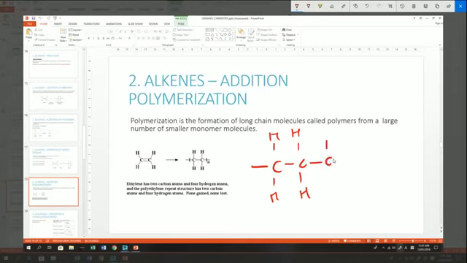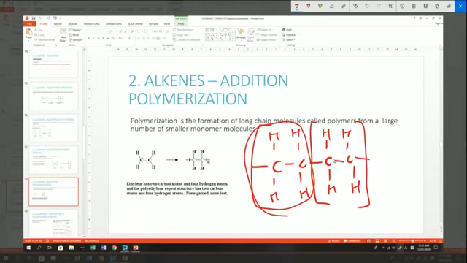So for example, like this, and this is another ethene molecule that is just breaking apart its double bond, and you can see that this unit can be repeated over multiple times by just simply breaking apart the double bond and adding one unit onto the other. And so what you get is this unit repeating itself over and over again.